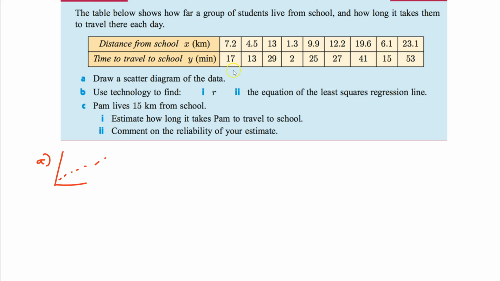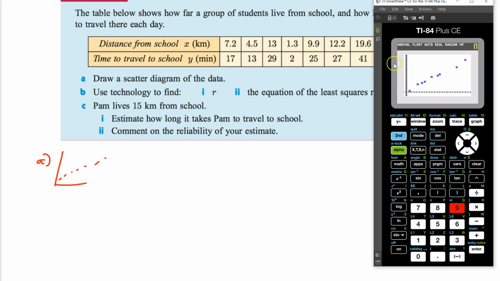Now B, use technology to find the R and the equation of the least squares line. Remember, we do the exact same move. You get out of this, go to stat, go to calc, and go to linear regression. L1, L2. Again, there's no frequency list, so leave that blank. That's for graphing. We don't need a graph, so let's skip that. Go to calculate. And there's our equation: y equals 2.17x, rounding to 3 sig figs, plus b, which is 1.37.